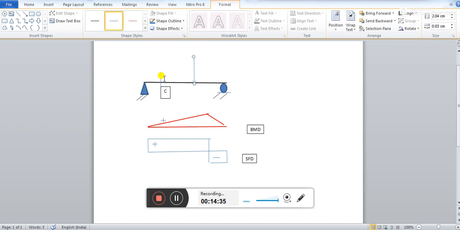So to avoid such thing, there is a concept in structural analysis for finding out bending moment, shear force, deflection or reactions. These are the things we have discussed. These are the things we actually need to find out using any structural analysis process.